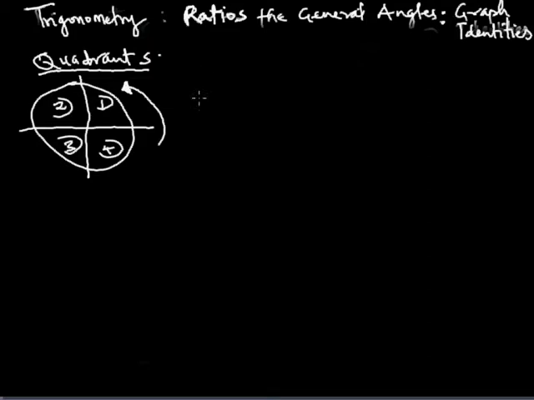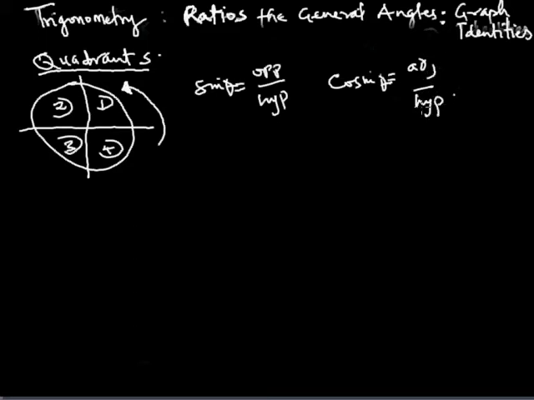Remember also that sine theta is the same thing as opposite over hypotenuse, while cosine theta is equal to adjacent over hypotenuse, and tangent theta is opposite over adjacent.